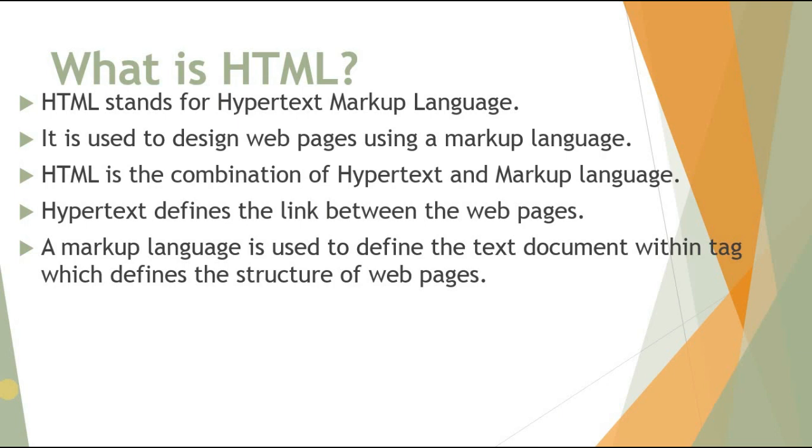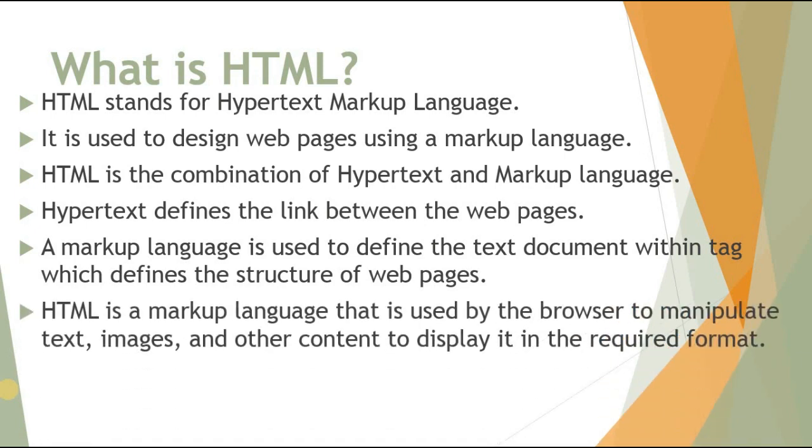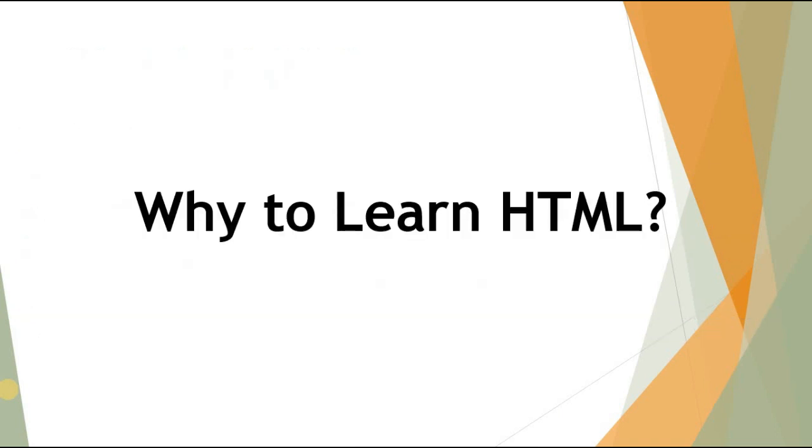A markup language is a computer language that uses tags to define the elements within a document. HTML is a markup language that is used by the browser to manipulate text, images and other content to display it in a required format.